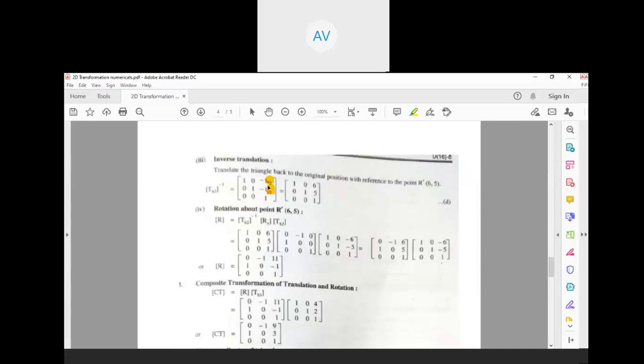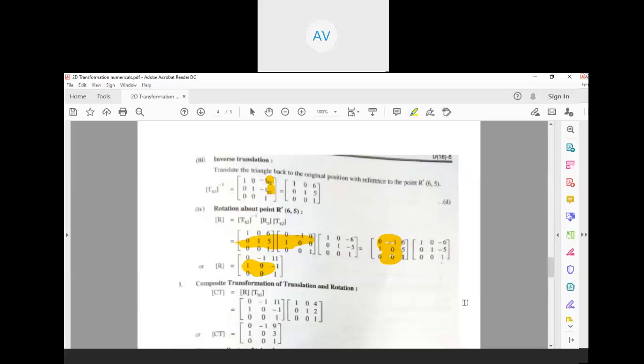So it is inverse translation into rotation matrix into translation matrix. First I will multiply these two matrices and I will get this value. Then after that I will multiply this matrix and this matrix, and I get this matrix.